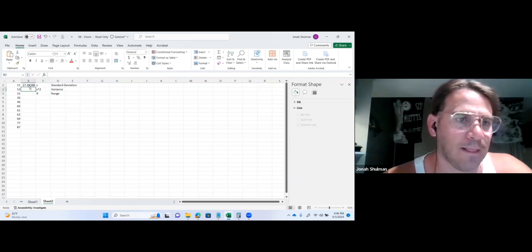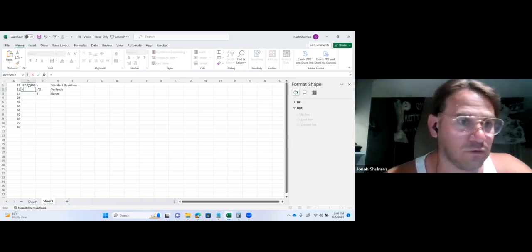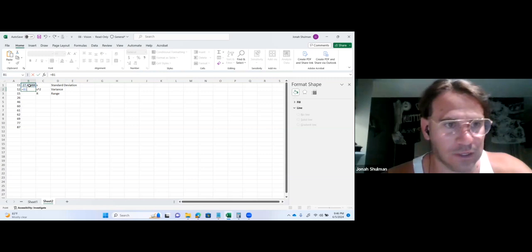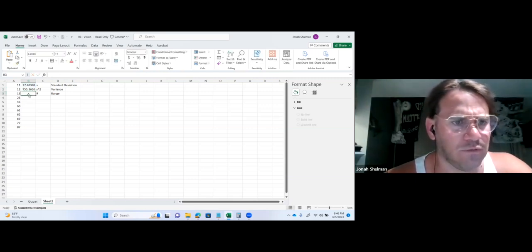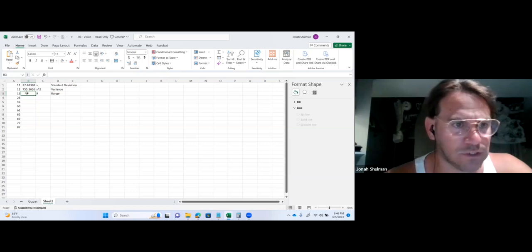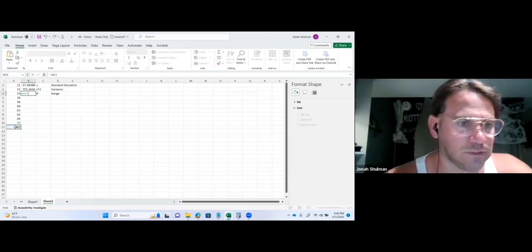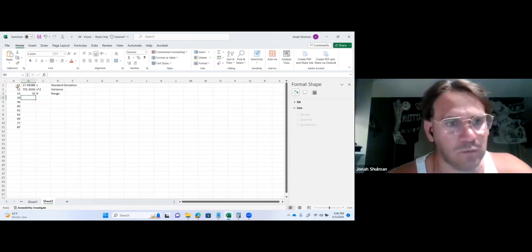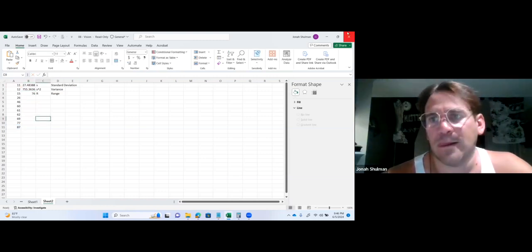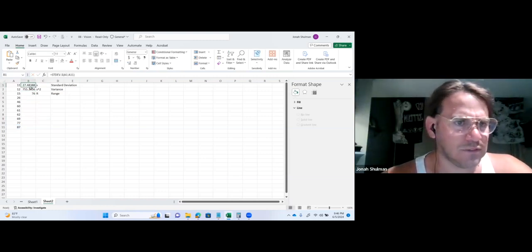All I have to do is square this, so equals the one above times the one above. There's our variance. And our range is just equals the biggest minus the smallest. And these are the player numbers. Boom, we got it. So these are your answers.